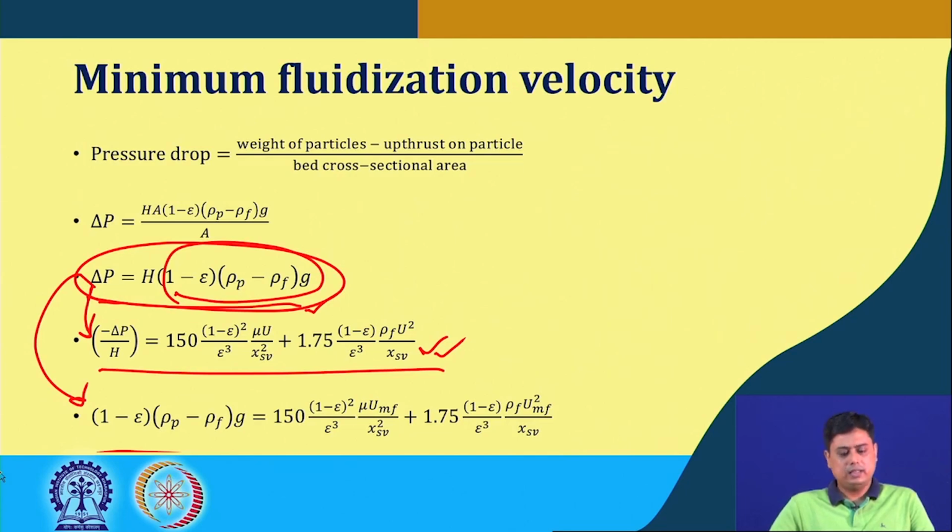We further simplify this relation, because there are so many parameters involved. It is wiser to convert it to a dimensionless number which will involve these parameters in a unified way.